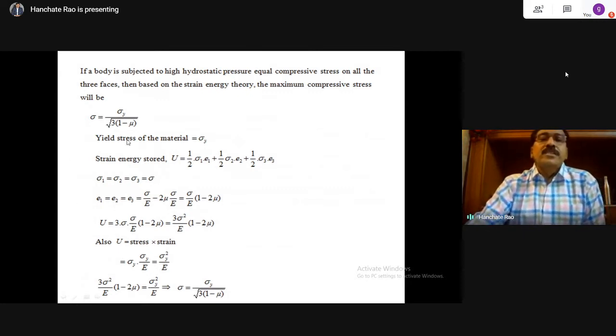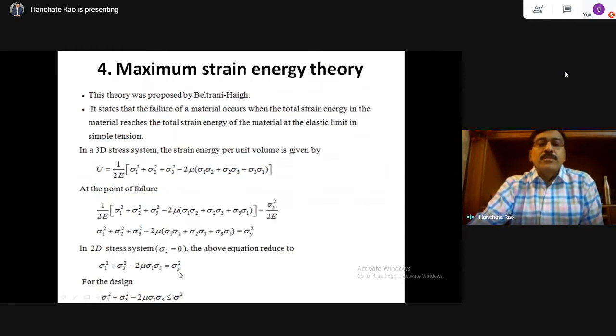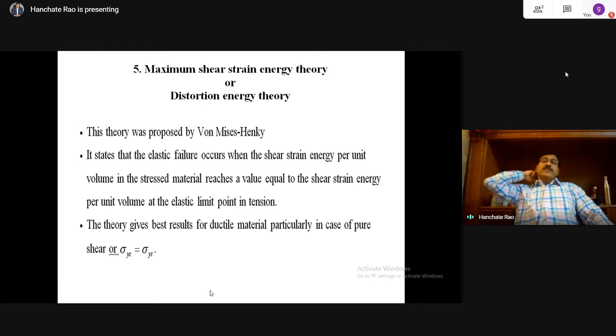Taking the yield stress of the material, 2 mu sigma by E is equal to sigma by E into 1 minus 2 mu. So this is equal to sigma 1 square plus sigma 2 square plus sigma 3 square minus 2 mu sigma 1 sigma 2, same answer.